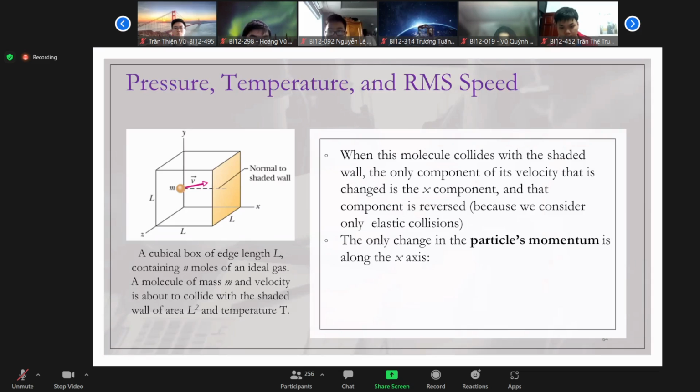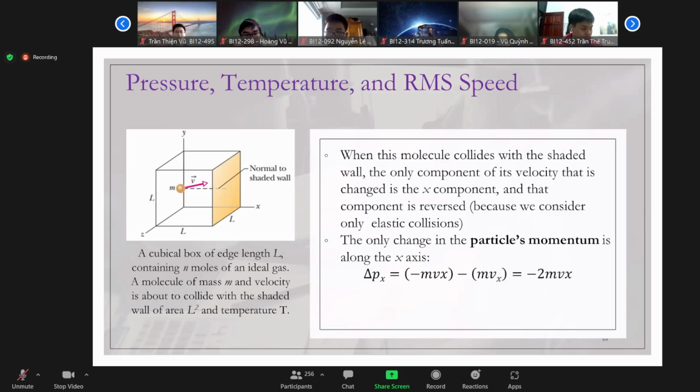Then, if we write the formula to calculate the particle's momentum, this one you already learned during the first part, during the mechanics, right? If we write the formula for the particle's momentum along the x-axis, what do we have?